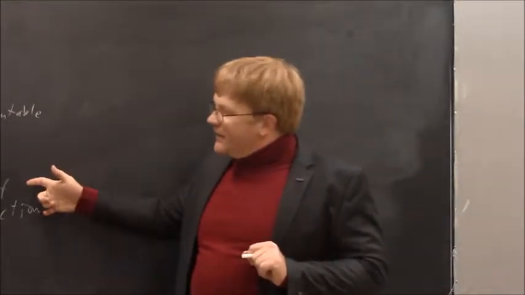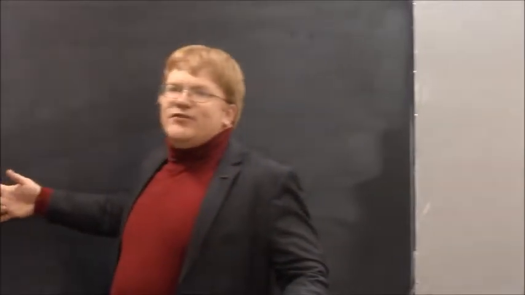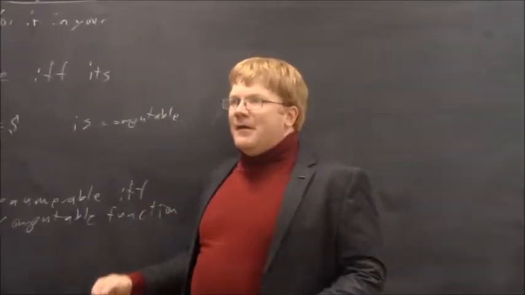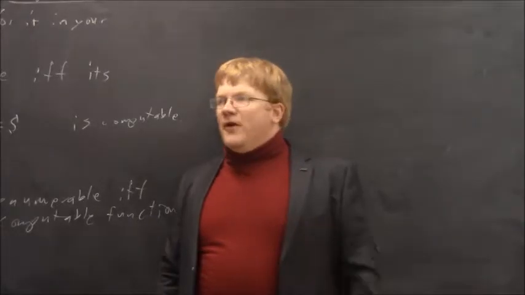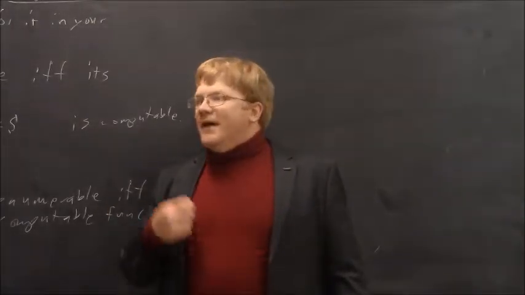So we say that a set is computably enumerable if it's the range of a computable function. What that practically means is that you can write a program that will list off the elements. It takes that function whose range is S, and it says to the program, okay, evaluate f of 0. Now evaluate f of 1.